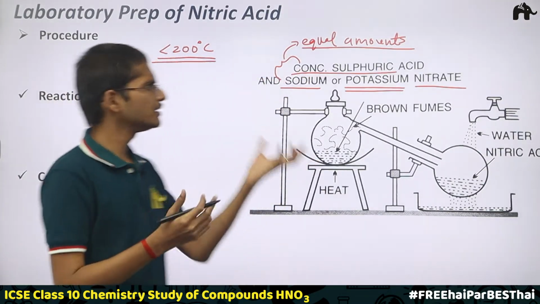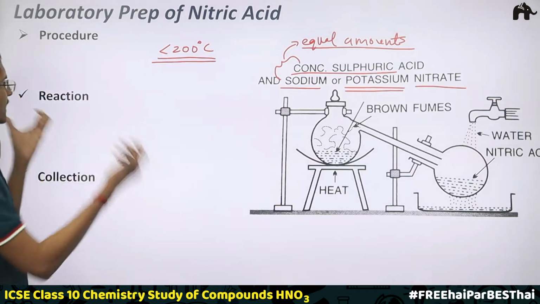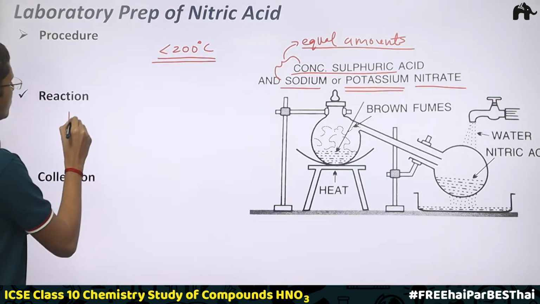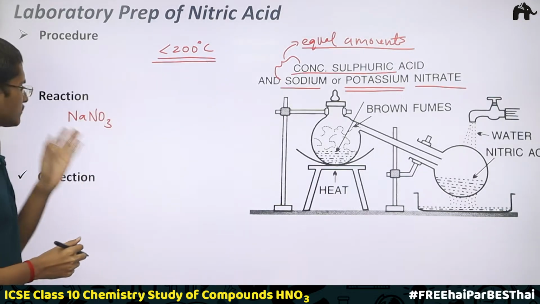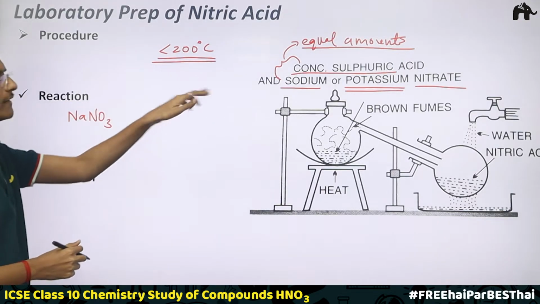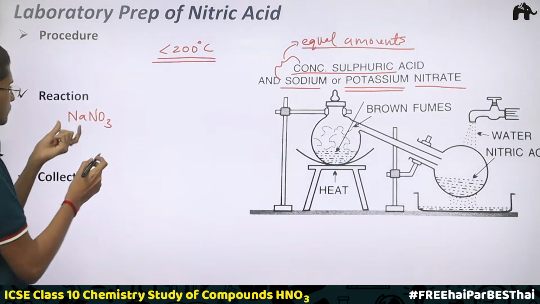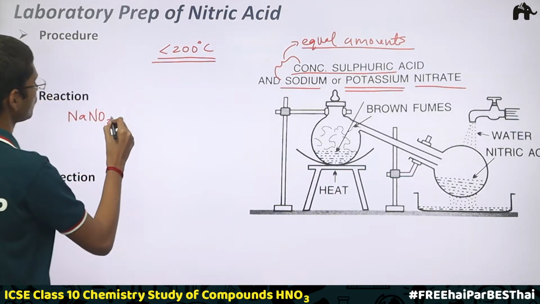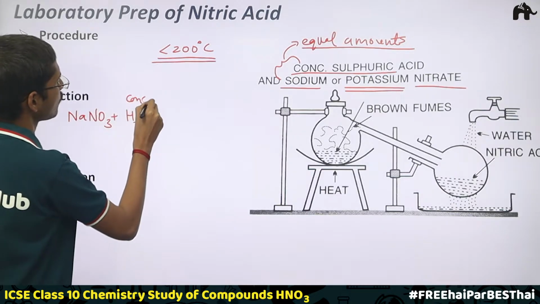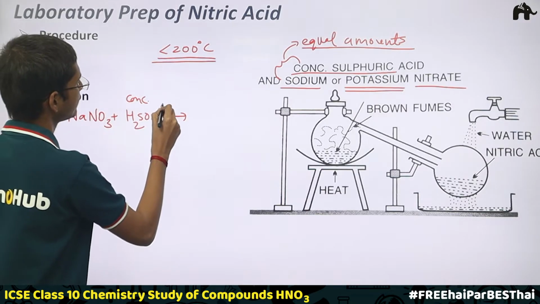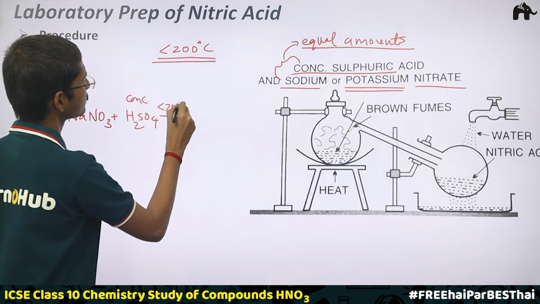Now we are going to see the reaction. I would write down both reactions, one with sodium nitrate and one with potassium nitrate, along with concentrated sulfuric acid. So sodium nitrate along with concentrated sulfuric acid, heated below 200 degrees Celsius.